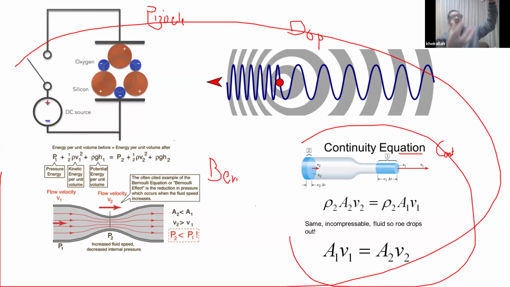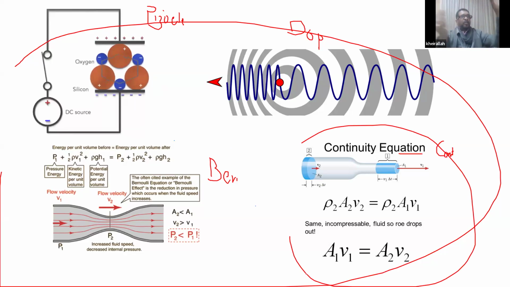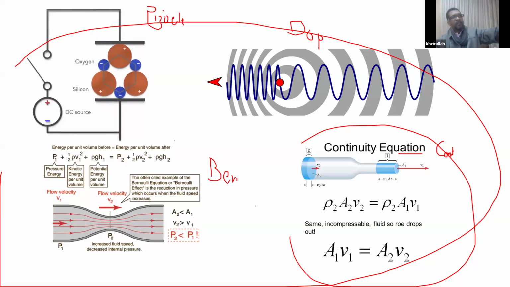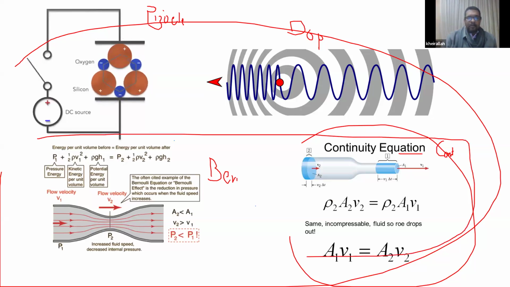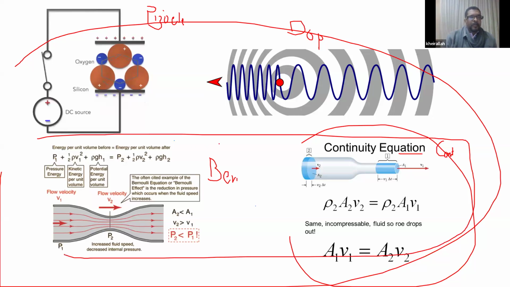So by equalizing these two volumes and using this equation, I can get the area of the aortic valve or the area of the mitral valve or the area of a hole or all of that. So these are the major two equations we use in hemodynamics of echo: Bernoulli equation and continuity equation.